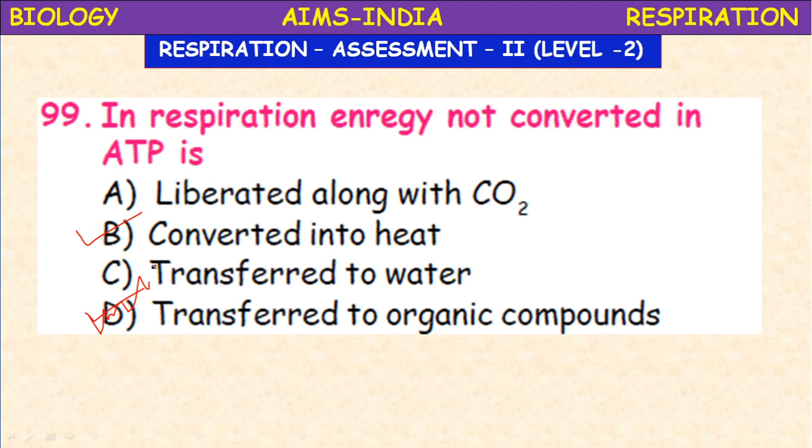Mostly energy is produced in the form of the energy currency, that is ATP, and a little amount of energy is released in the form of heat. That's the reason why the air which comes out is somewhat warm, isn't it?